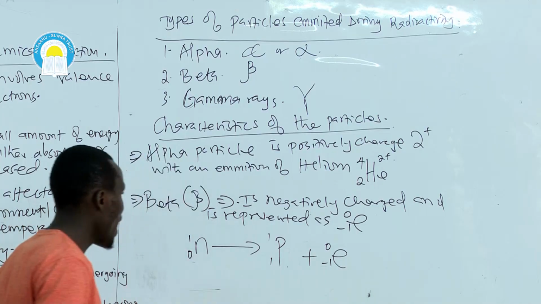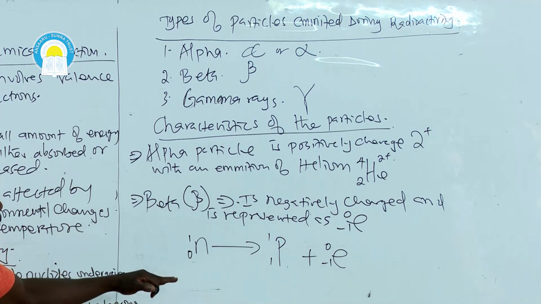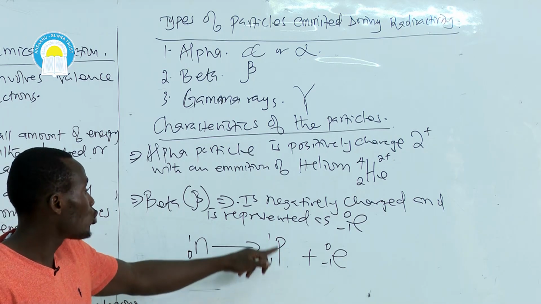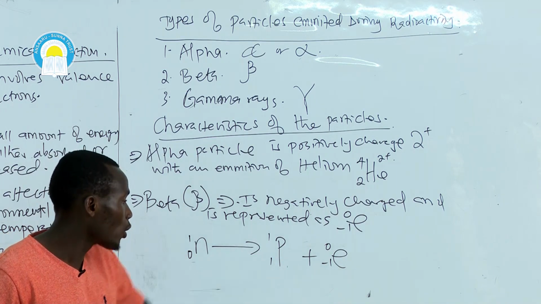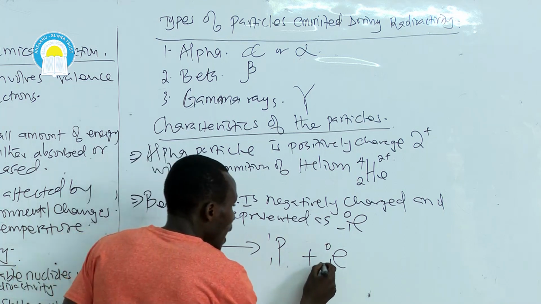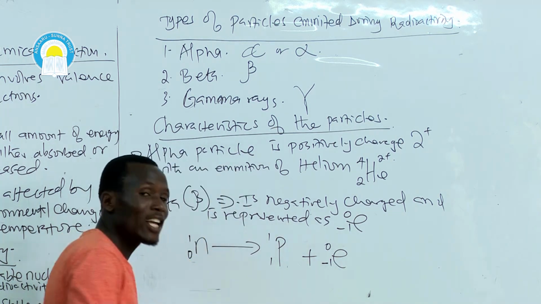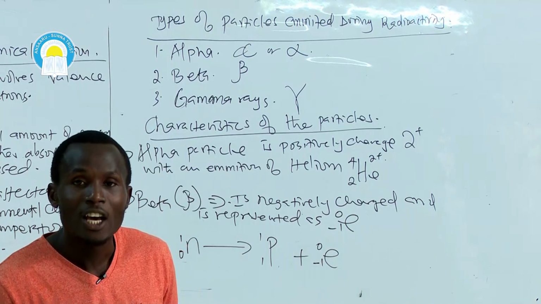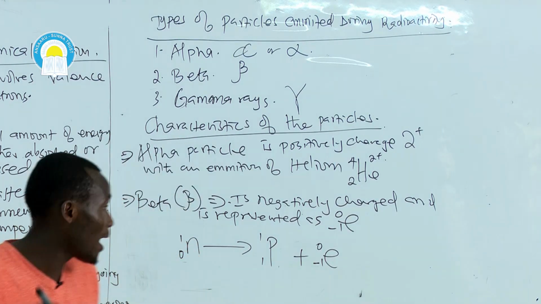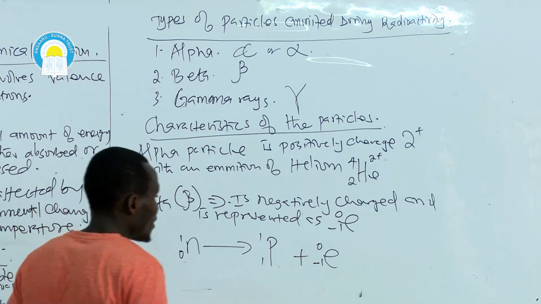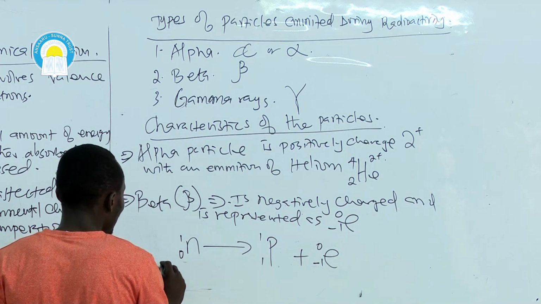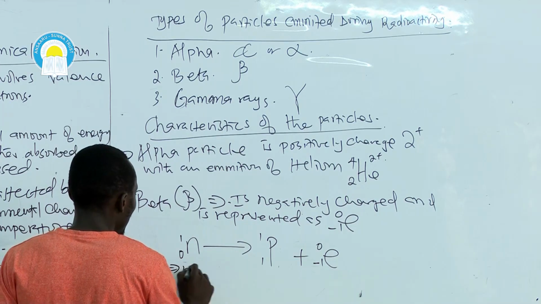So we have a neutron being converted into a proton, then we get an electron. This negative charge here does not represent the atomic number, but the negative charge represents the charge of the beta particle.